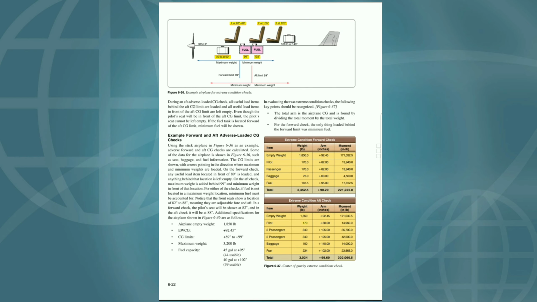Item, extreme condition aft check: weight in pounds, arm in inches, moment in pound-inches. Empty weight, pilot, 2 passengers, baggage, fuel. 1,850, 170, 340, 340, 100, 234, plus 92.45, plus 88.00, plus 105.00, plus 125.00, plus 140.00, plus 102.00. 171,032.5, 14,960.0, 35,700.0, 42,500.0, 14,000.0, 23,868.0, total 3,034 plus 99.60, 302,060.5.